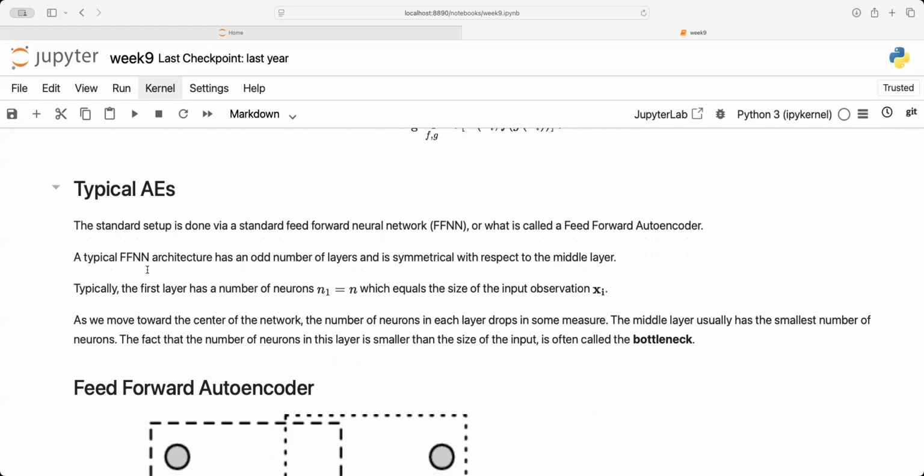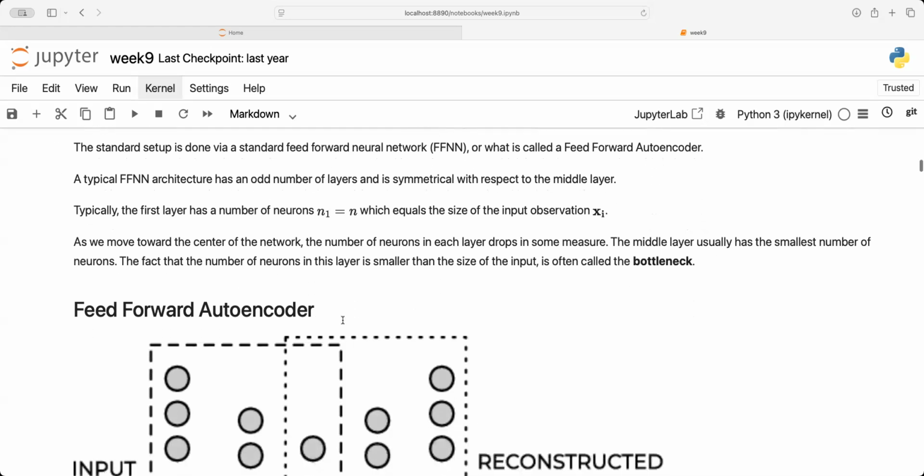And it has a given number of layers. And normally the first layer has the same number of neurons as you would typically have for the input observation. And then you keep reducing this one as you move forward to the middle of the network, which is often called also the bottleneck. So this feature generator where you do the dimensionality reduction has many, many different names.